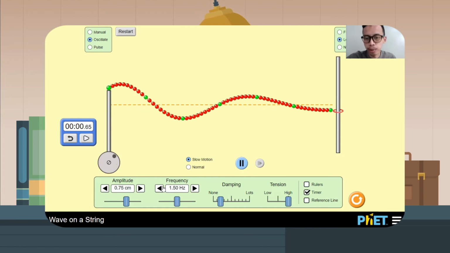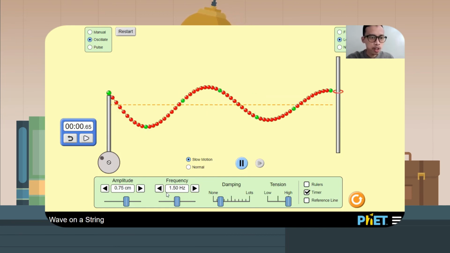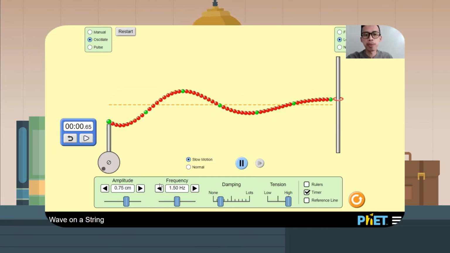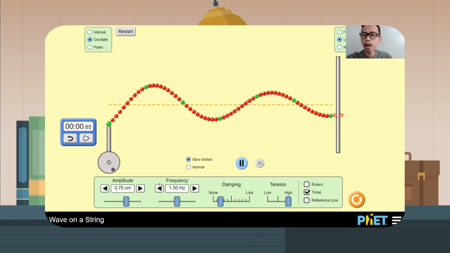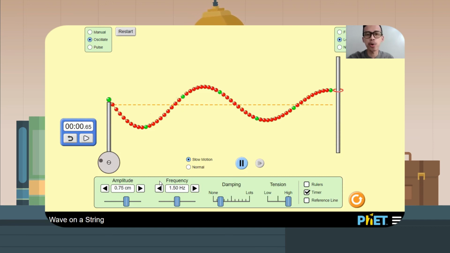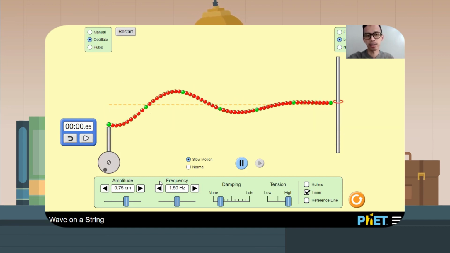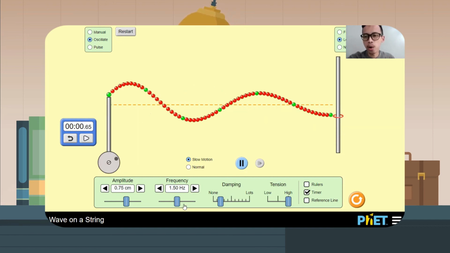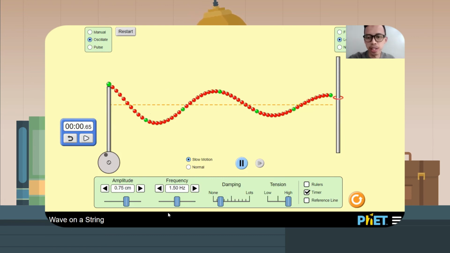Same for this condition. So to find the speed, we have to measure the time and also the distance. That's why here we need a ruler to measure the distance.